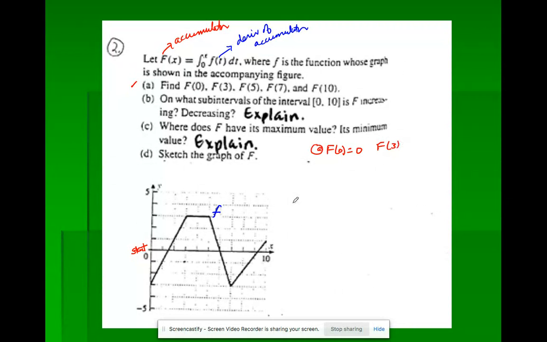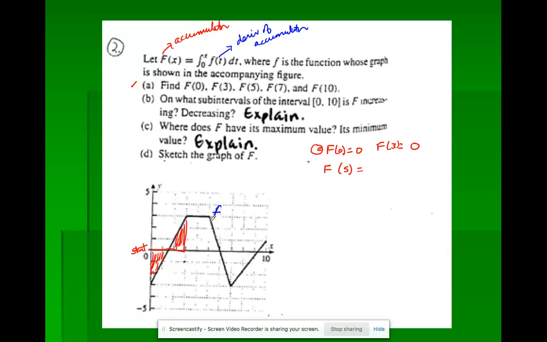Capital F of 3, starting at 0, 1, 2, 3, is going to get me this triangle and this triangle. I don't actually need to calculate their areas. I can see they're the same, so they will balance each other out, and I'll get 0. But what about capital F of 5?